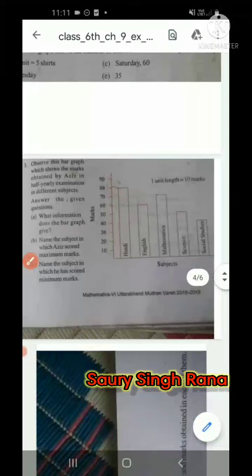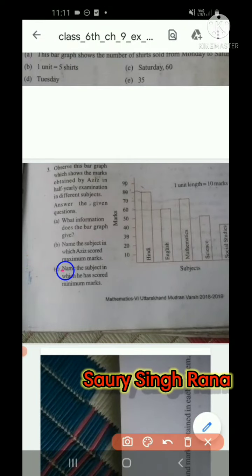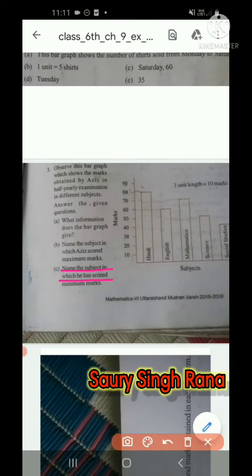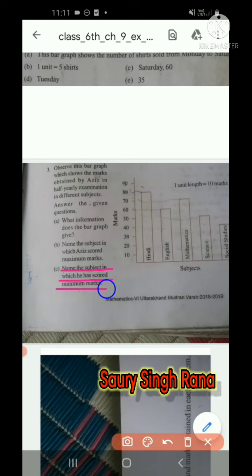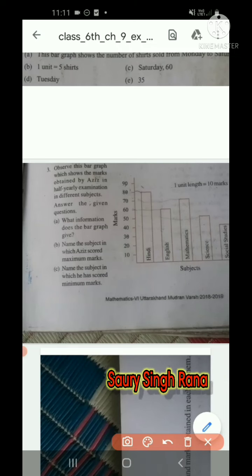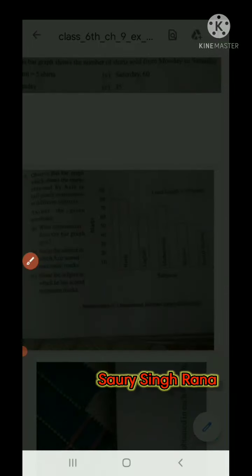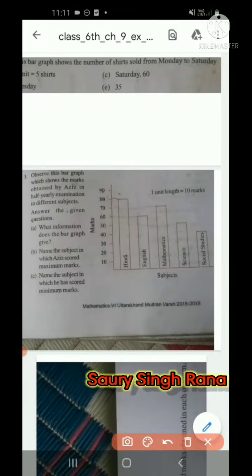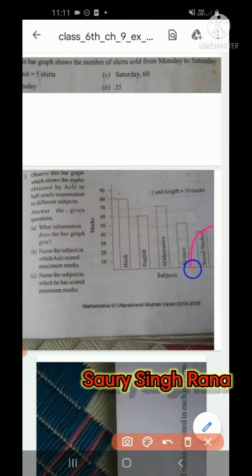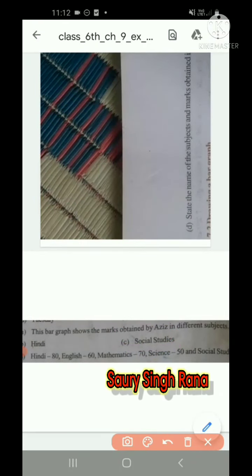Now C part says name the subject in which he has scored minimum marks. So let us observe from the bar graph. So the minimum he has in social studies, right? So our answer is social studies.